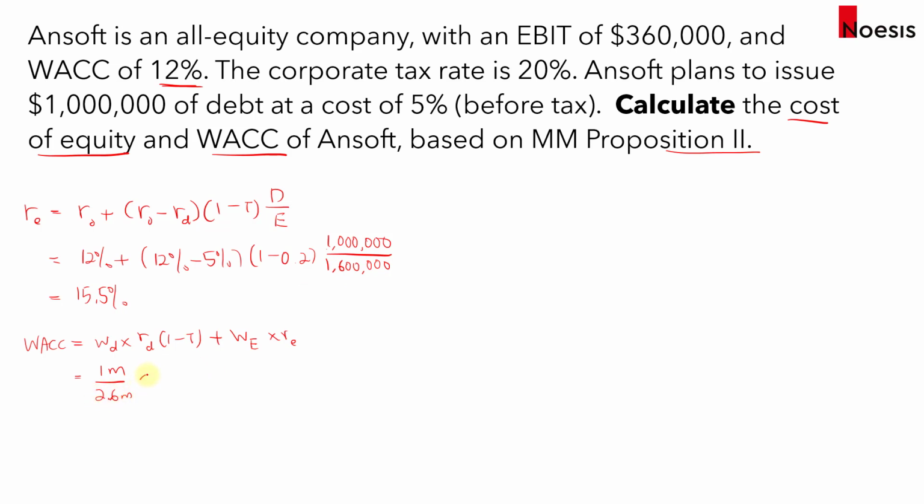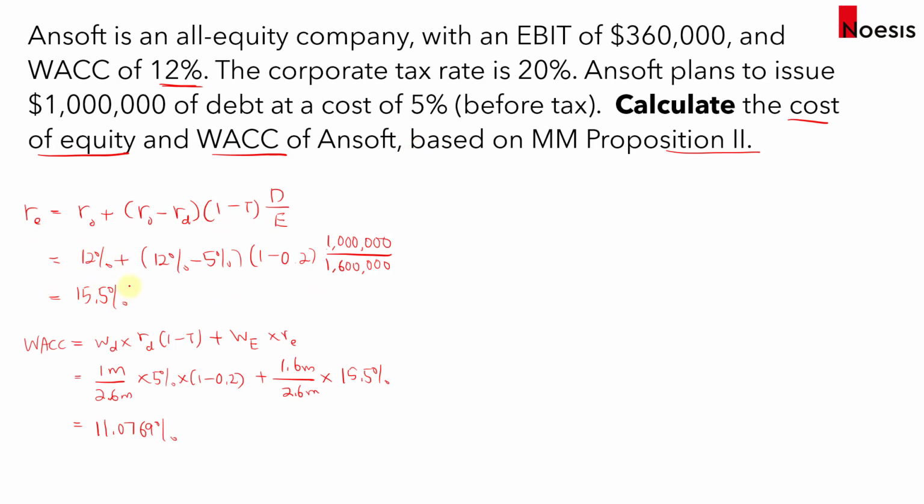So that's 1 over 2.6 times 5% times (1 minus 0.2), plus 1.6 million over 2.6 million times the cost of equity, 15.5%. That equals 11.069%.